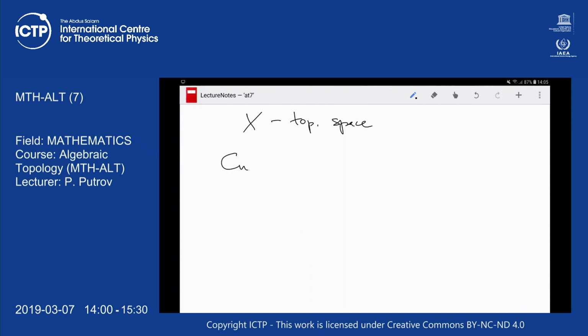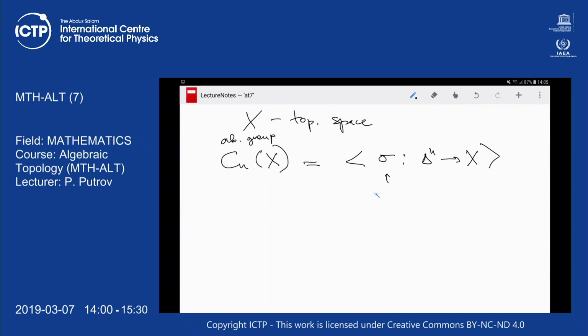For such a topological space, we associated an abelian group Cn of X, which is a free abelian group generated by all continuous maps from the n-dimensional simplex to X. Such maps are usually referred to as singular simplices.